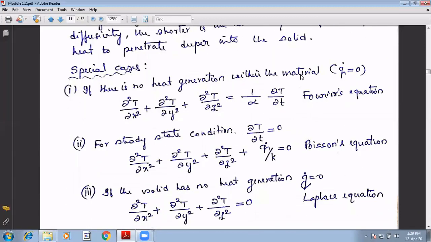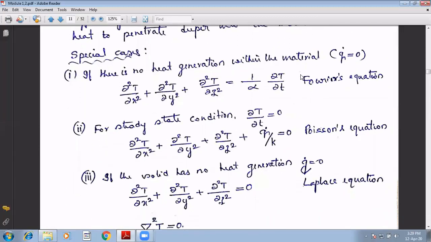Now we have some special cases. If in the general heat conduction equation we assume there is no heat generation, then the Q dot term will be 0. We will get this expression, which is called the Fourier equation, or also the diffusion equation.